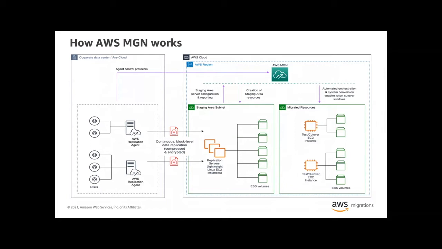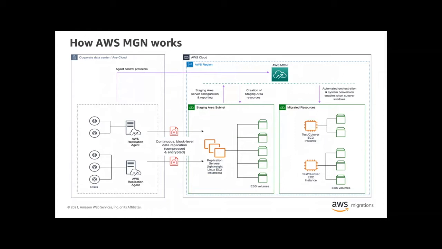What I mean by settings is which type of subnet, how many subnets, what are the security groups, the instance type, instance size, disk size, and many other parameters that you can determine to create your staging area. This is used pretty much to keep the source server in sync with the staging area.